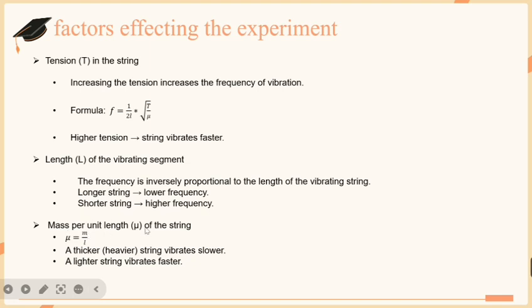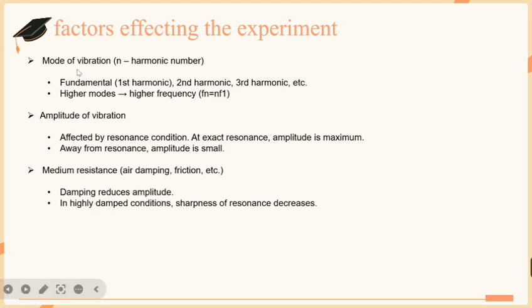Mass per unit length, that is mu equal to m by L. A thick string vibrates slower and a lighter string vibrates faster. Mode of vibration. We have studied the fundamental and second and third harmonic modes, that is, the higher the mode, the higher the frequency.